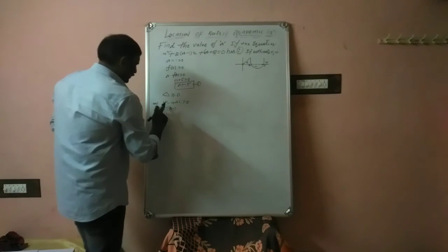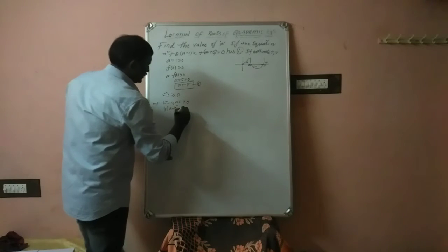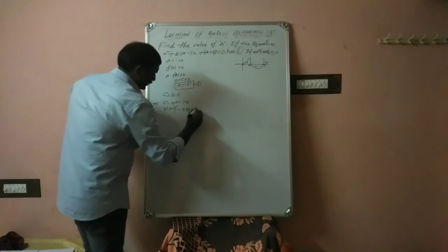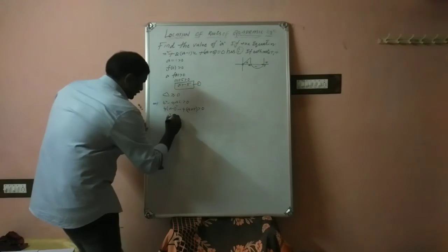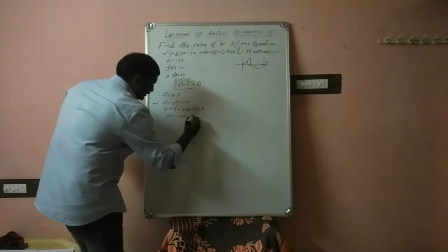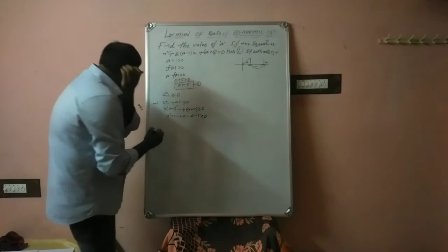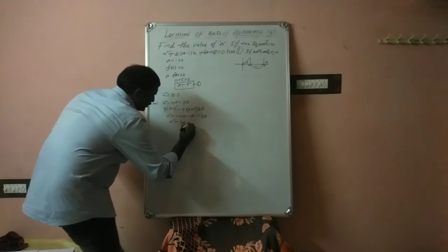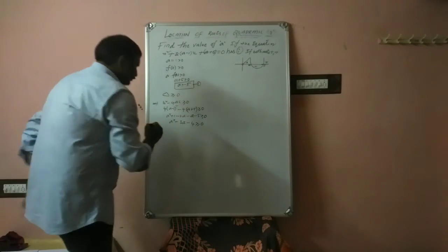So b square, directly you can write 4 into (a minus 1) whole square minus 4 into a plus 5 is greater than or equal to 0. So a square, 4 is cancelled, minus 2a plus 1 minus a minus 5 is greater than or equal to 0. So that a square minus 3a minus 4 is greater than or equal to 0.